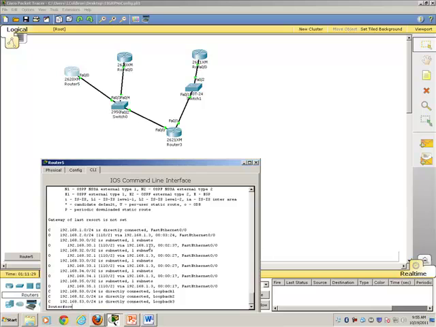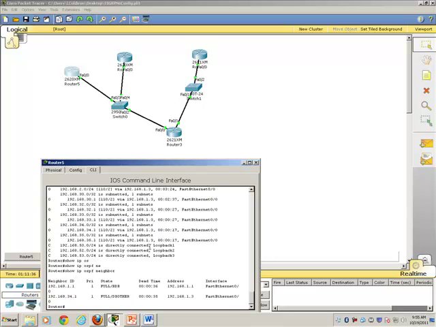If I now show IP OSPF neighbor, I get a BDR and it says a full DROTHER. That's an other router. It's one that's not involved in the election. What if I wanted to force the election to happen?